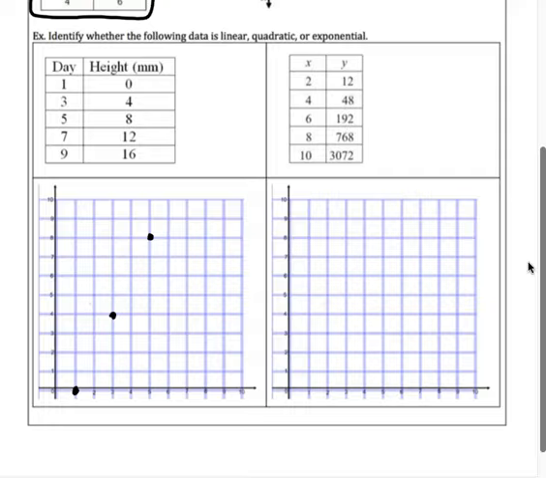Okay. Day 7, we have 12, which would end up here. But notice when I sketch those, again, just rough sketch. You don't even have to do all of them. Just give me a rough sketch, and you can pretty quickly see that those points are in fact linear.